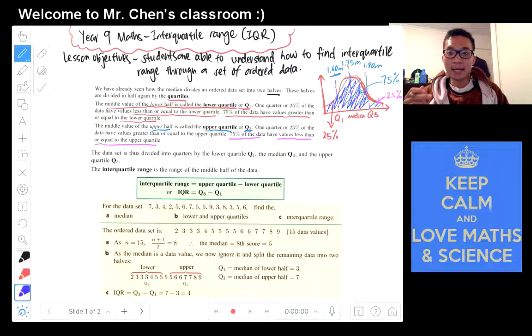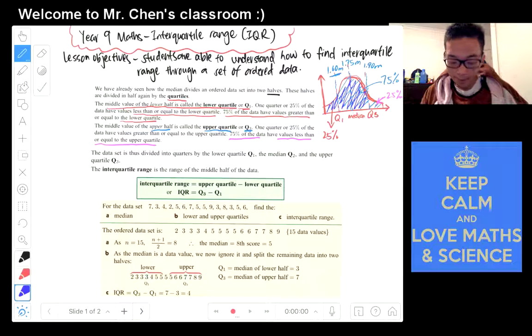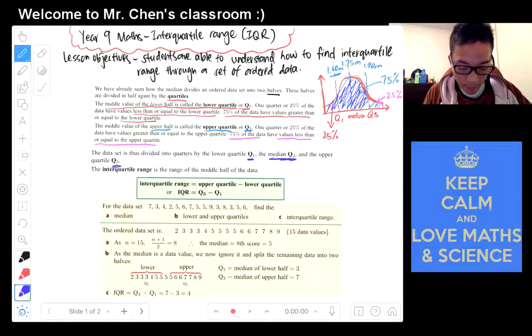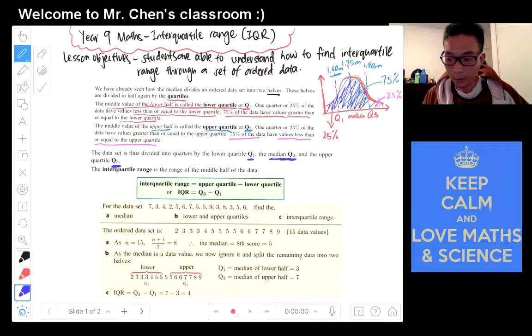You can separate the whole data into Q1, the median, which is your Q2, and Q3, which is a way to help you see how the data actually turns out.